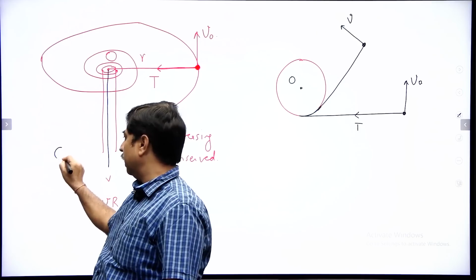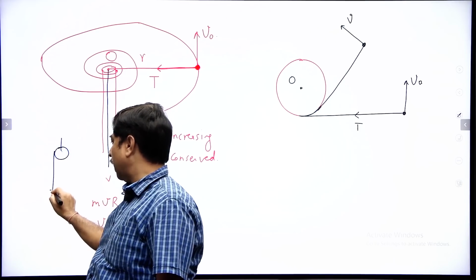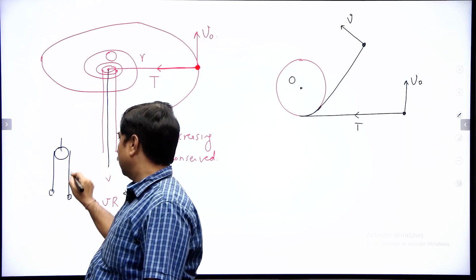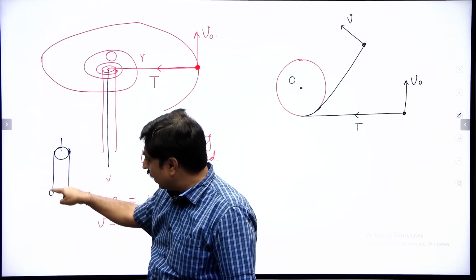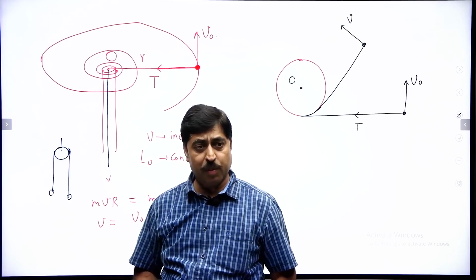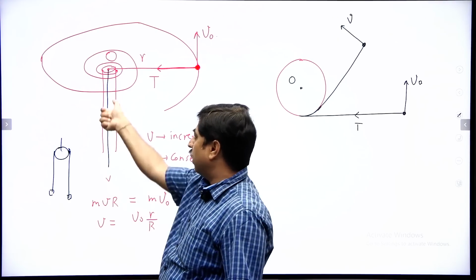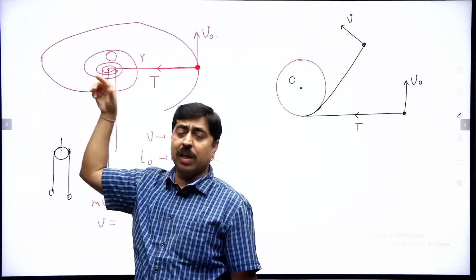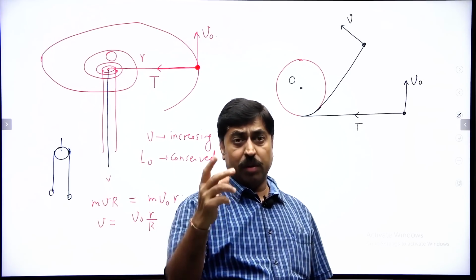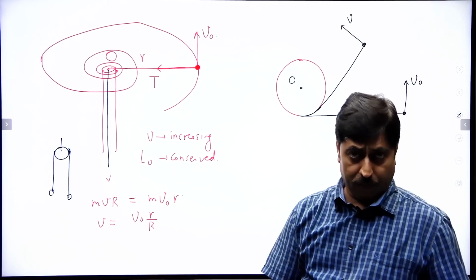If there is a pulley like this and a string is passing over it like this, the string can remain taut if this length of the string increases and this decreases. It is very much possible. Because I am drawing the string down, even if the particle gets closer to point O, the string is remaining taut, isn't it?